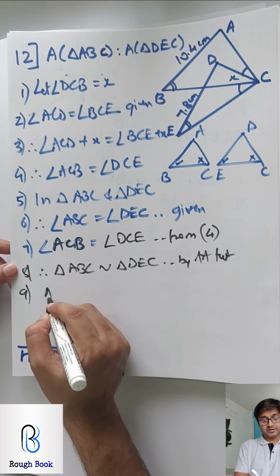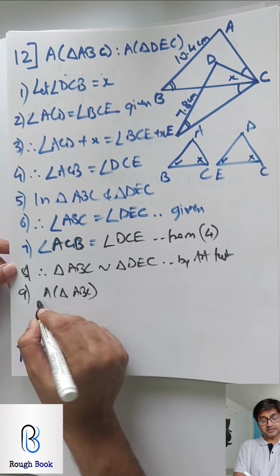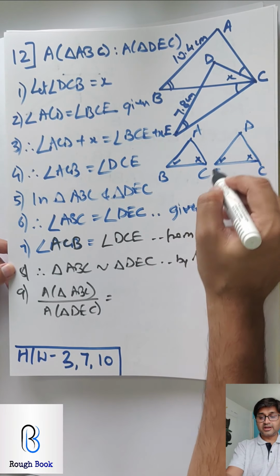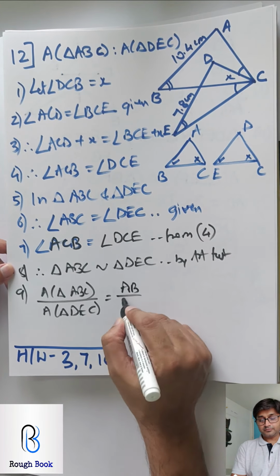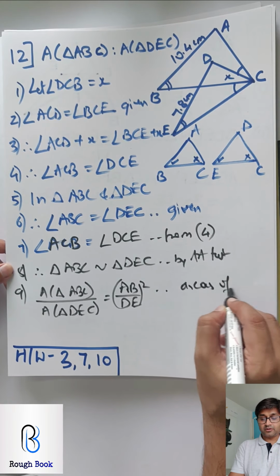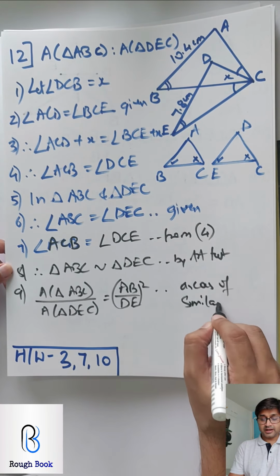Once the triangles are similar, area of triangle ABC upon area of triangle DEC equals AB upon DE squared. Reason, areas of similar triangles.